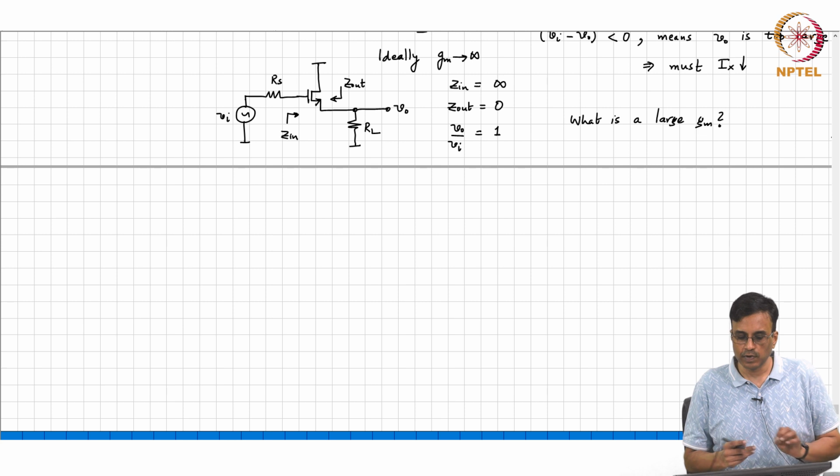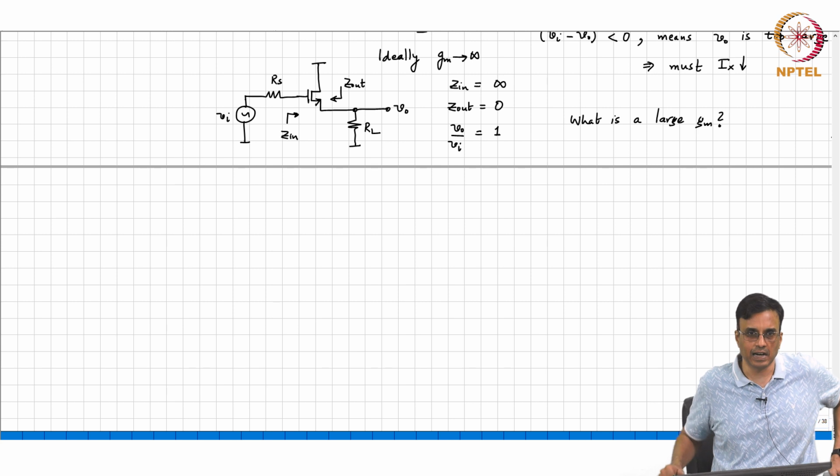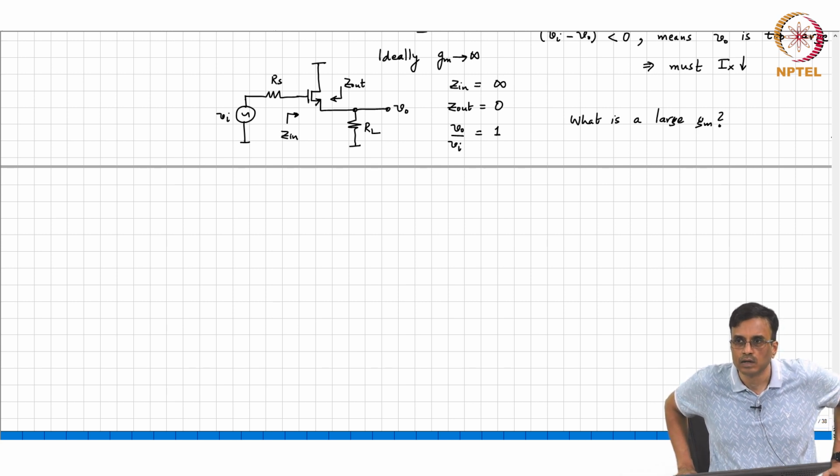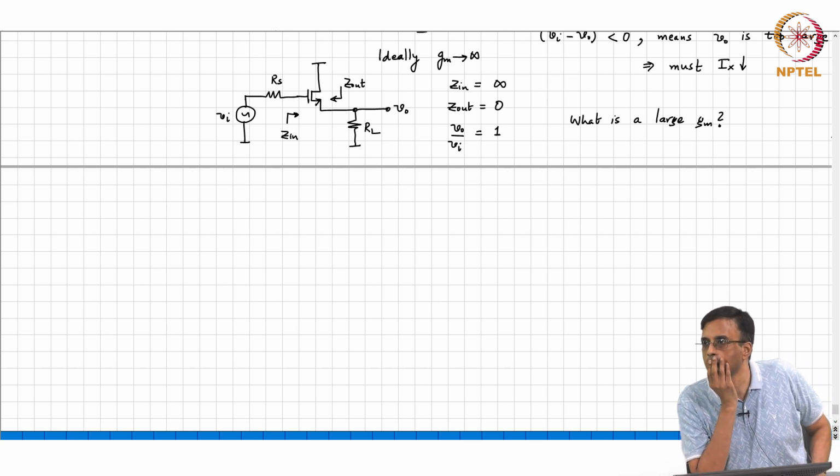And how do you propose to figure out what it means to have a large GM? How do we figure it out? We know that GM must be large. Any ideas? Okay.